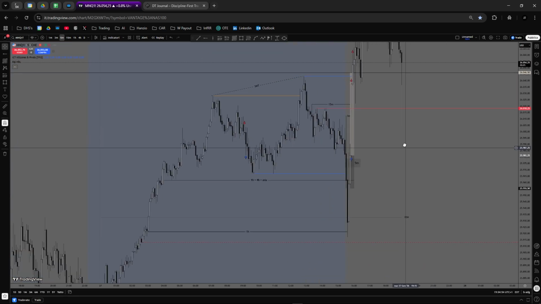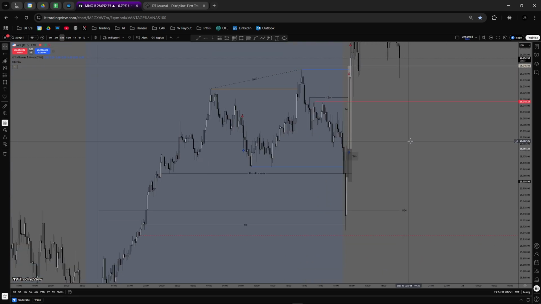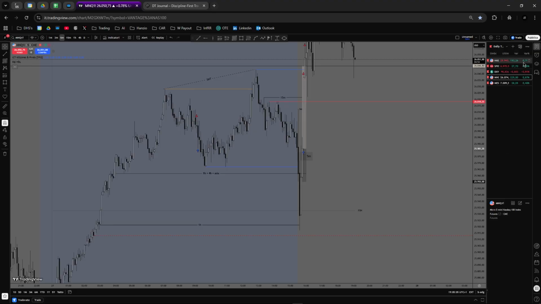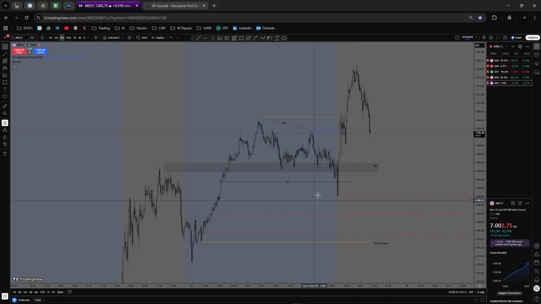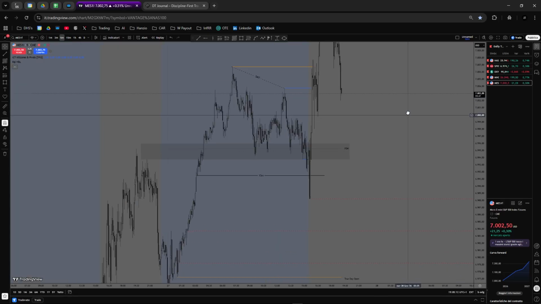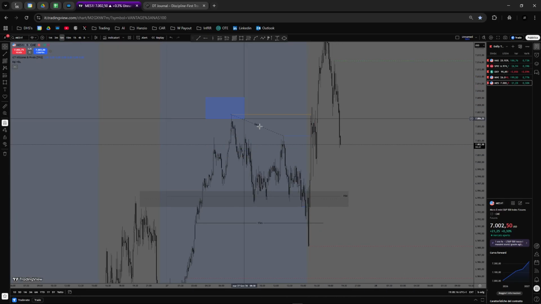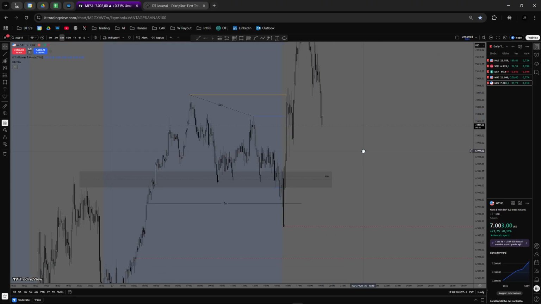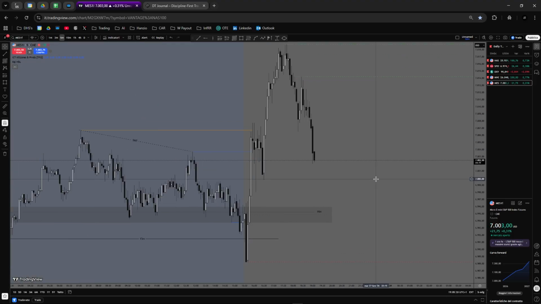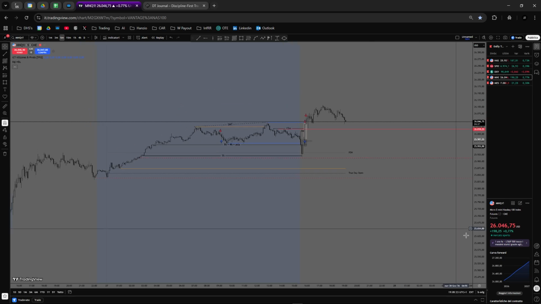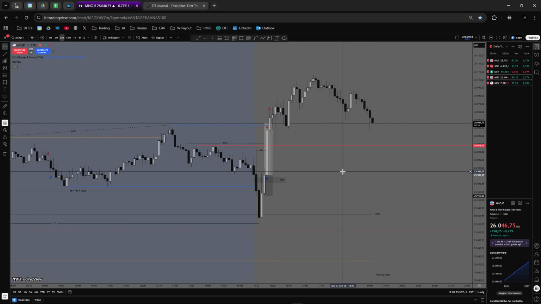The only thing that could make this a plus was an SMT, but at the time ES did the same thing. So manipulate down, then went back up. This was the SMT from the previous trade idea I was having. So pretty happy with the analysis on this day.